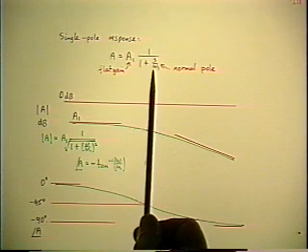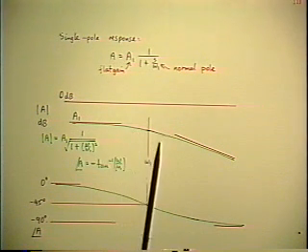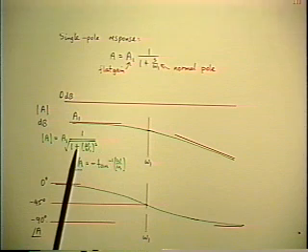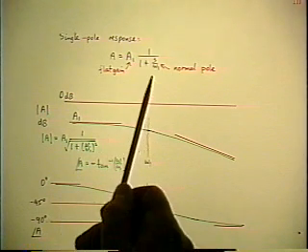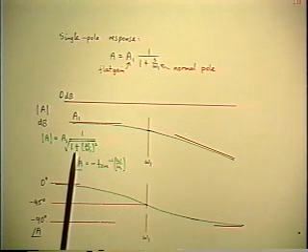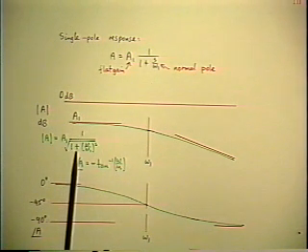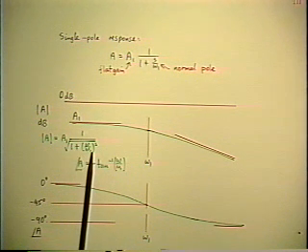Although the actual function for the magnitude does not go through that sharp corner, the actual function is the green line, and here's the full formula for the magnitude. When you have a complex function, because s is j omega, remember, the magnitude of the complex function is the square root of the sum of the squares of the real and the imaginary parts.